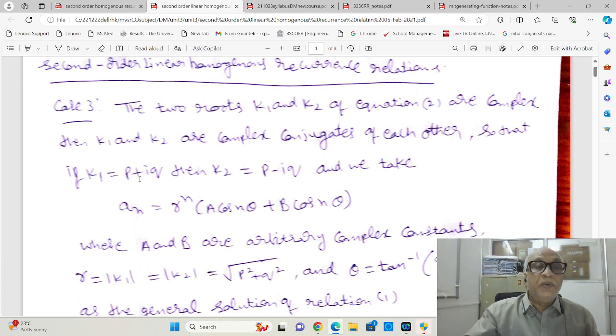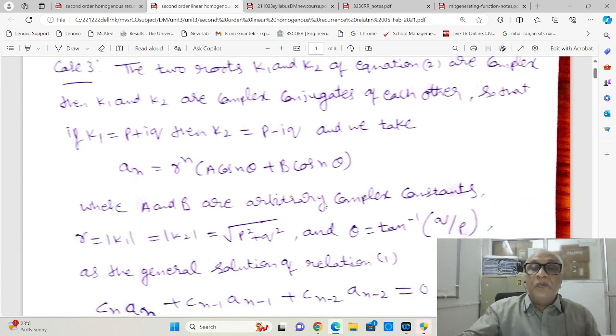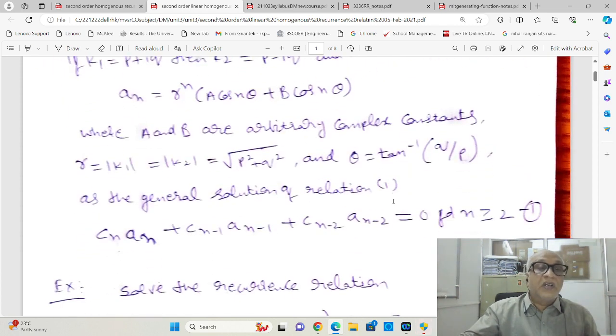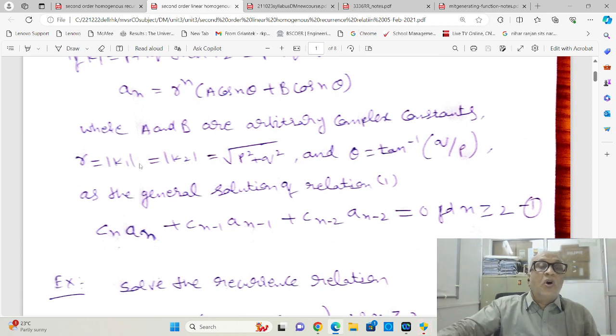So that k1 will be equal to p plus iq, k2 equal to p minus iq, and an will be equal to r to the power of n, (a cos n theta plus b sin n theta). Here a and b are arbitrary constants. R will be equal to mod of k1, mod of k2, which is equal to root of p square plus q square, and theta will be equal to tan inverse of q by p.